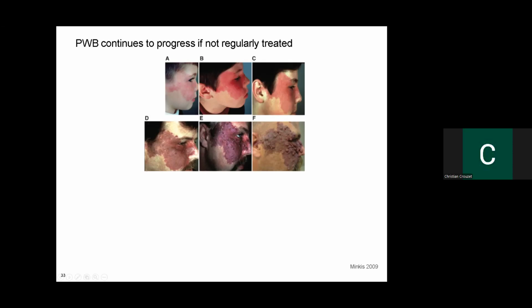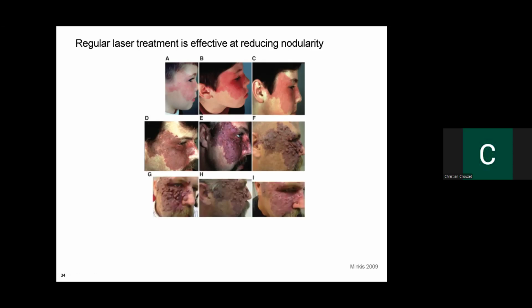When you treat it using a pulse dye laser, which Stuart Nelson was instrumental in creating, the birthmark starts to lighten in color, and you can also do additional laser treatments to decrease the nodules.